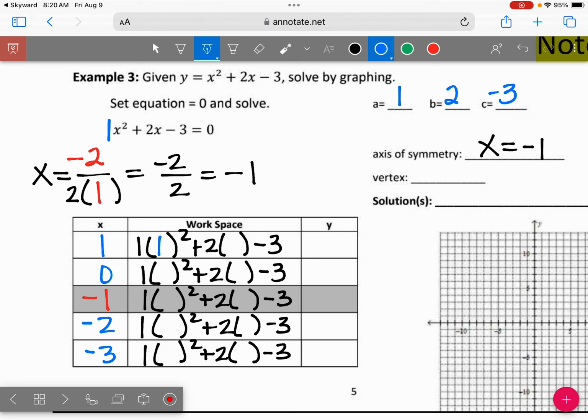Okay, so we're going to type in our 1, type in our 0, type in our -1, that's going to give us our vertex. Type in -2, and type in -3. So go ahead, pick up your calculators and get those 5 numbers.